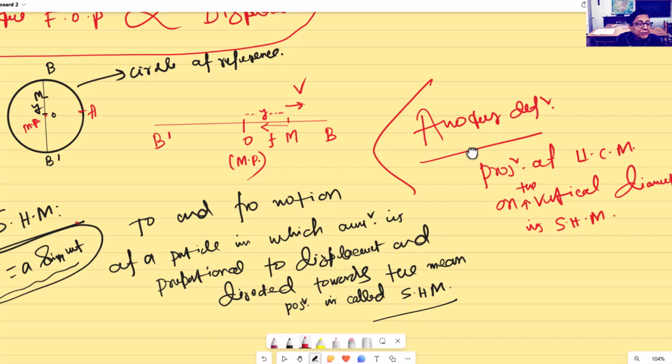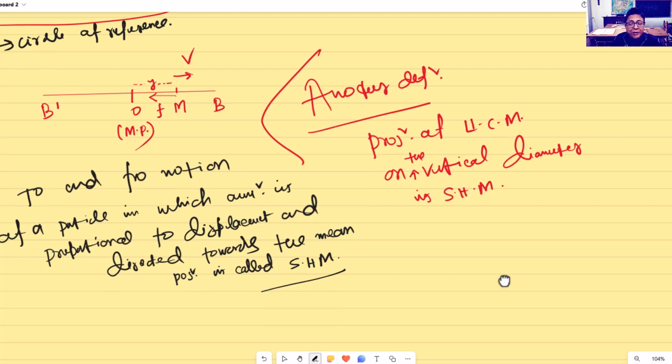And SHM's specialty is this one. Equation will be in this form and acceleration will be proportional to displacement. But the question is, is it only on the vertical diameter? I am writing or horizontal diameter. Why? Then the equation is going to be changed.